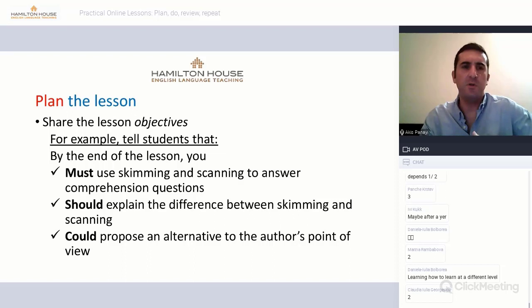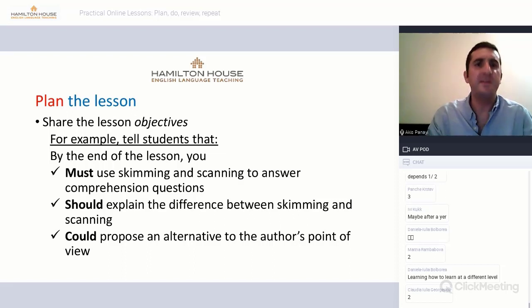Let's take the example of reading skills. For example, you can tell students that by the end of the lesson today, you must use skimming and scanning to answer comprehension questions, should explain the difference between skimming and scanning, and could propose an alternative to the author's point of view.